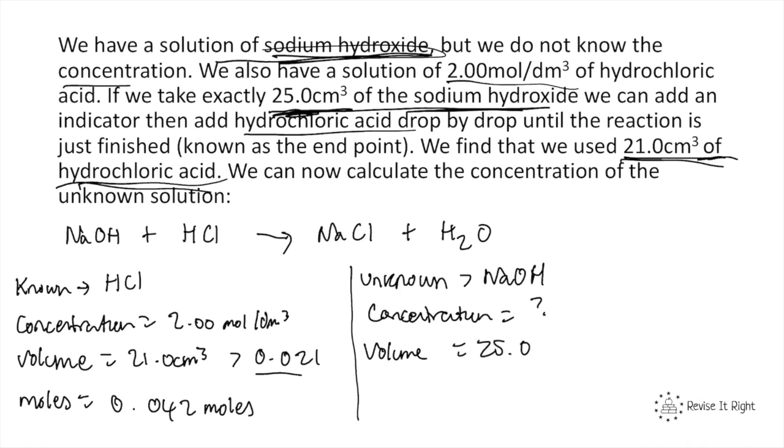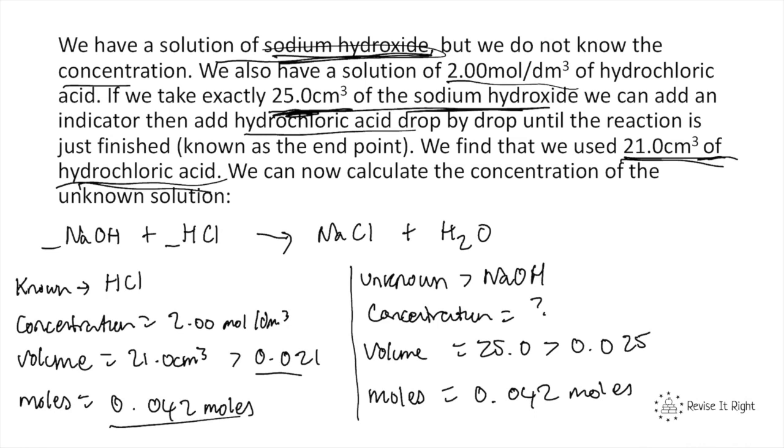We're going to convert that by dividing it by 1,000 into decimeters cubed. And then the moles is where we need to look at our equation. Now if you see here, you need 1 mole of sodium hydroxide per 1 mole of hydrochloric acid, so they're equal. So if we have 0.042 moles of hydrochloric acid, we're going to need 0.042 moles of our sodium hydroxide.